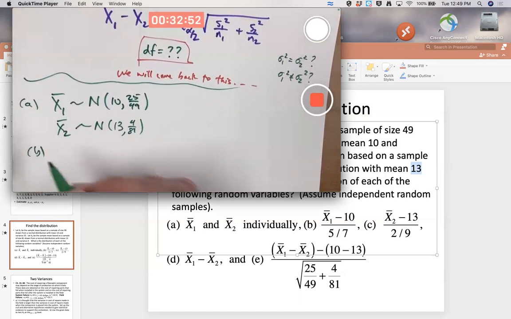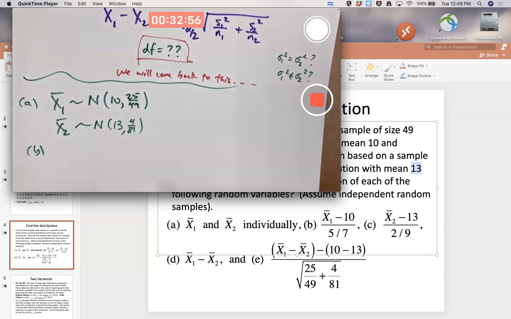Part B, what's the distribution of X1 bar minus 10 over 5/7? What did I say it looks like we're doing there? Normalizing, or I use the word standardizing. Take a normal variable, X1 bar in this case, subtract its mean, divide by its standard deviation. That's standardization. That's a z.